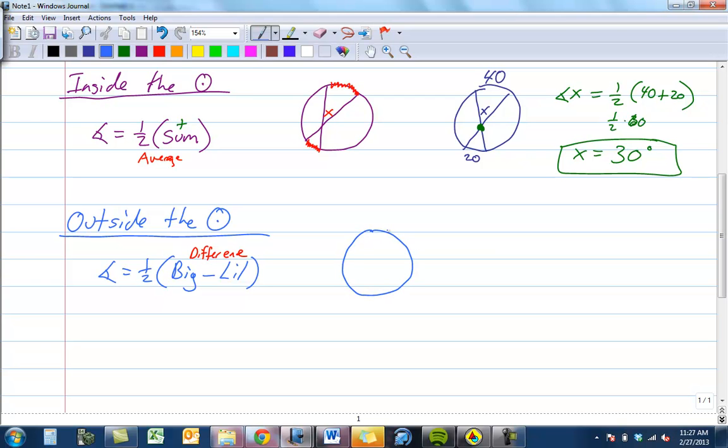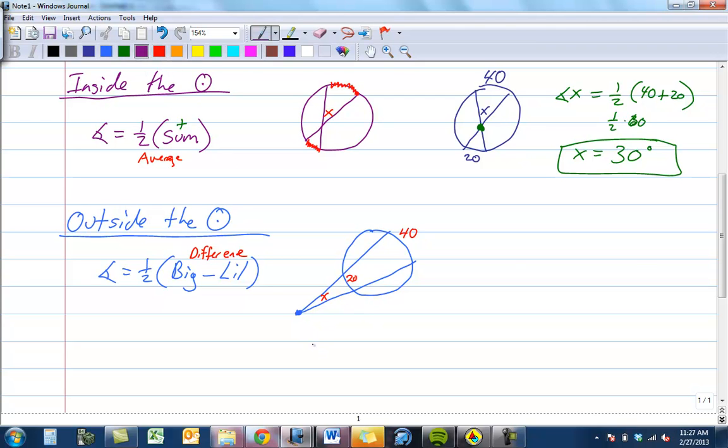Draw a circle. And here you see how this vertex is outside the circle. It's two secants that are hitting this. Now, if this is angle X and this is 20 and this is 40 this time out here, what's going to be the measure of angle X?